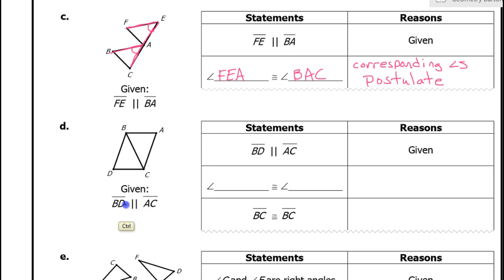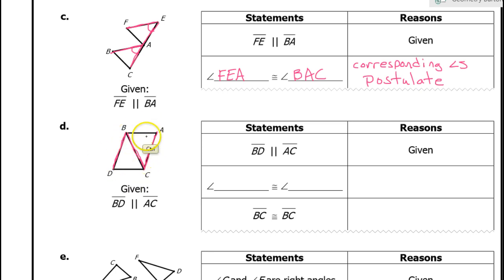Okay, now let's compare that with problem D. This time we're given that BD is parallel to AC. So let's highlight that. So I have BD right here, and that's parallel to AC. Okay, now I'm looking for the transversal, which in this case is going to be the diagonal that cuts across like this.